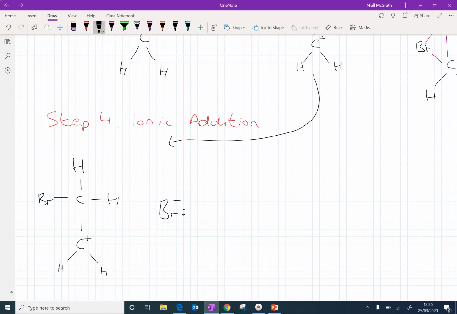There are 2 free electrons, and that is going to, we'll use the term attack here, negative going to the positive charge. And that is going to form what we want in the end, and that is our 1,2-dibromoethane.